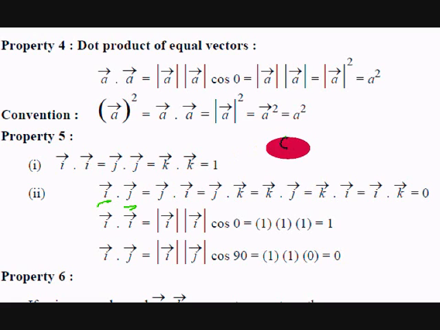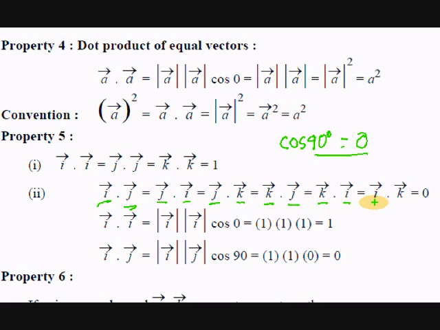So cos 90 degrees, when they are perpendicular, they are 90 degrees apart. So cos 90 is 0. Likewise, j and i are perpendicular. j and k are perpendicular, right?